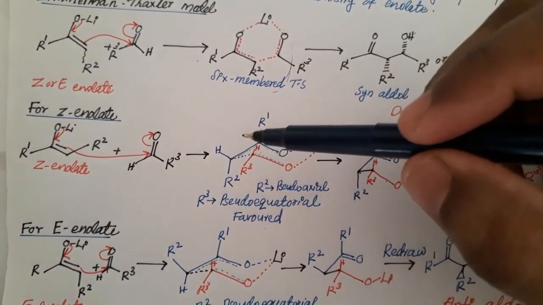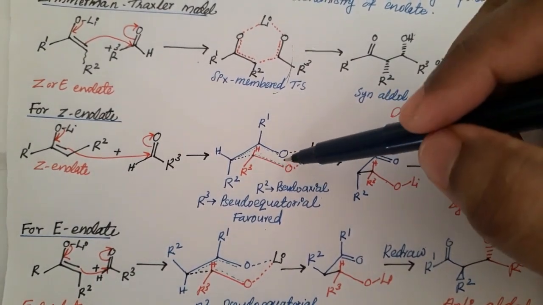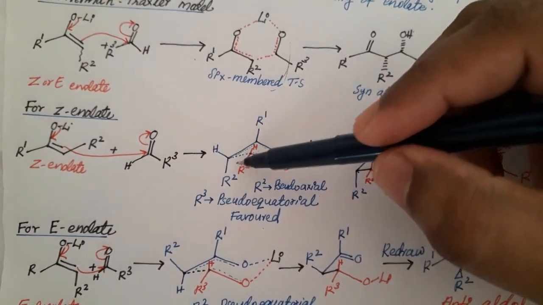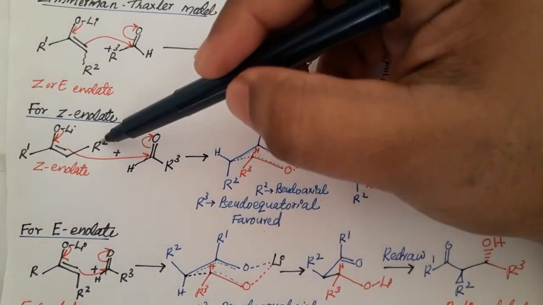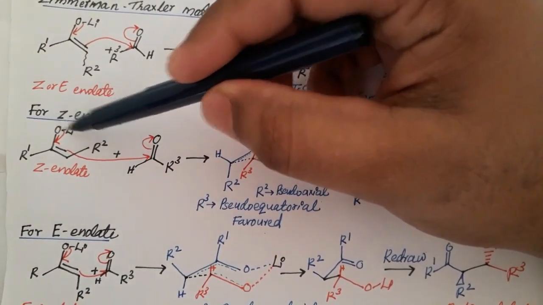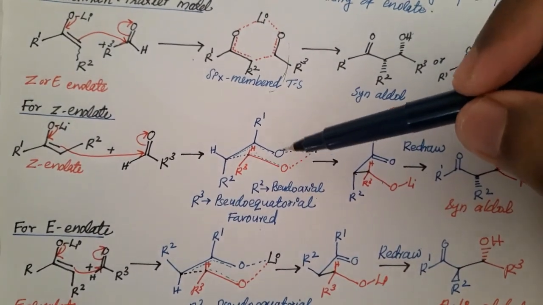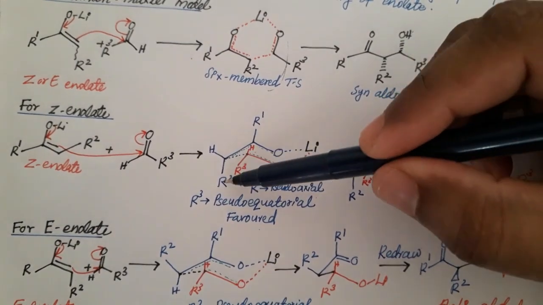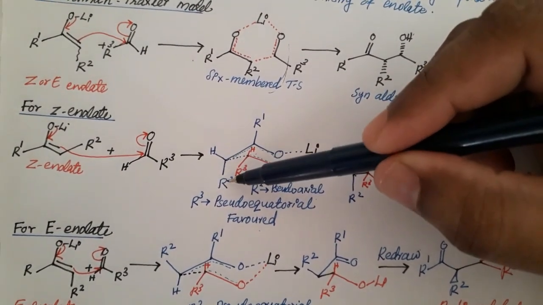The most important thing about this model is the position of R2. In the enolate we know that R2 and this oxygen are on the same side. That should be reflected in our conformation. This oxygen is downward, so R2 should be downward. That's why it is pseudo axial.